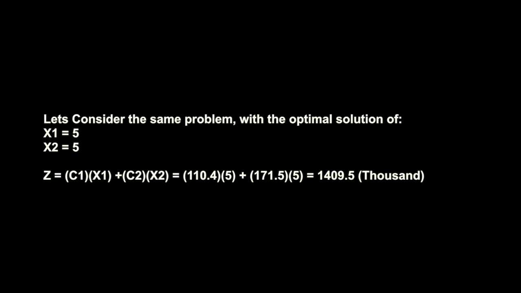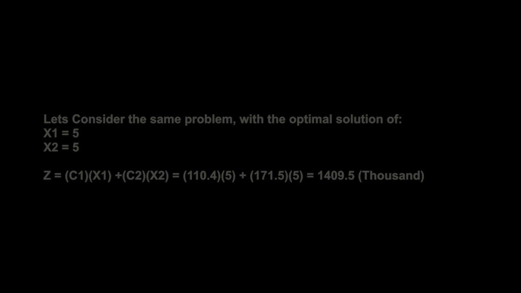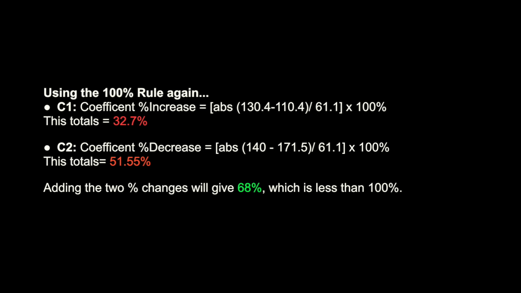Now, considering the previous problem with the optimal solution of 1,409.5, let's use the 100% rule once again to determine our increase and decrease percentages, which will help us continue on. As you can see, our total changes end up being 68%, which is less than 100%, giving us the go-ahead to continue on with our calculation.